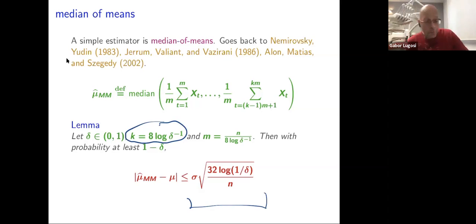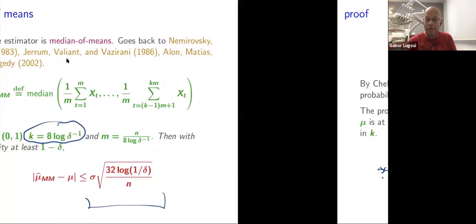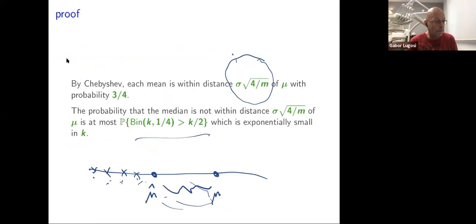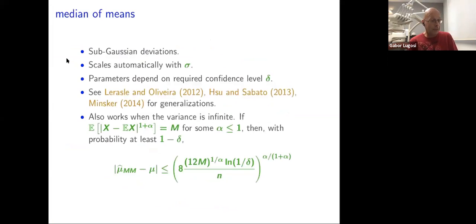Okay? And one can prove that this is actually necessary. I'm not going to go into that, but the fact that the parameter depends on the required confidence level, that's inevitable in a certain sense, unless we are willing to assume something else about the distribution.